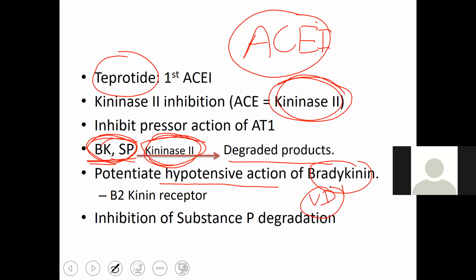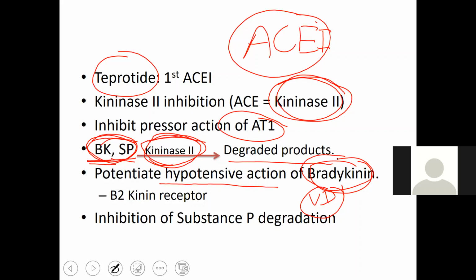The ACE mediated decreased synthesis of angiotensin 2 and decreased angiotensin receptor 1 mediated action is also potentiated by bradykinin. So there is a doubling of the action.